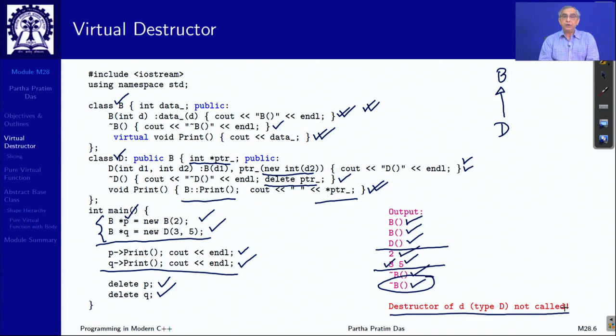So, when I do delete q, the destructor function is statically bound. Since Q has a type of B, it is bound to the destructor of B, and that just is called, whereas it should have called the destructor of D by dispatch, which in turn would have called the destructor of B and completed this.